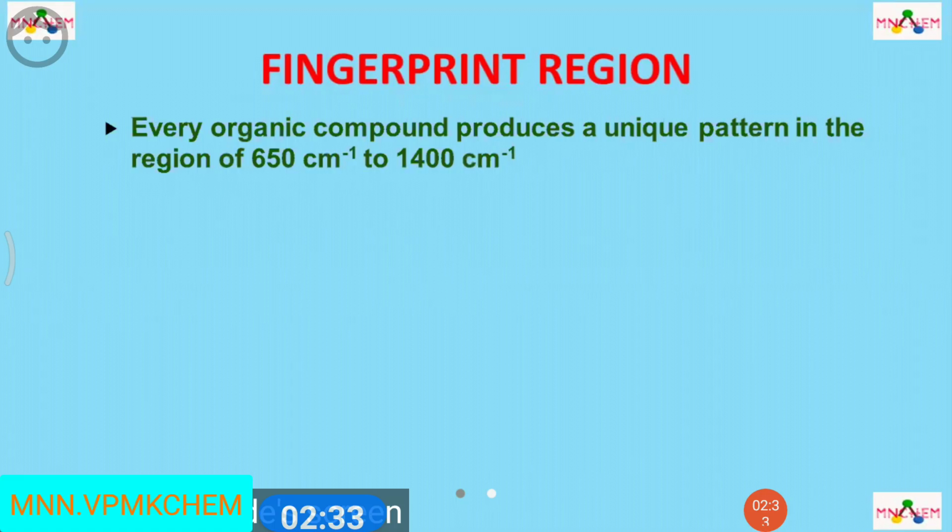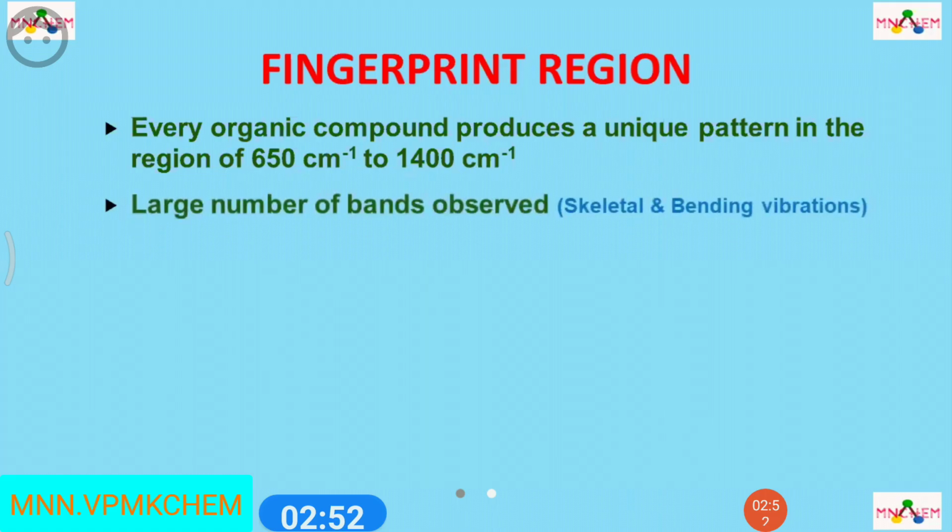What is observed is important. Every organic molecule or compound produces a unique pattern in the region of 650 to 1400 per centimeter. This region comprises large number of bands, and these bands are because of the skeletal and bending and some other type of vibrations.